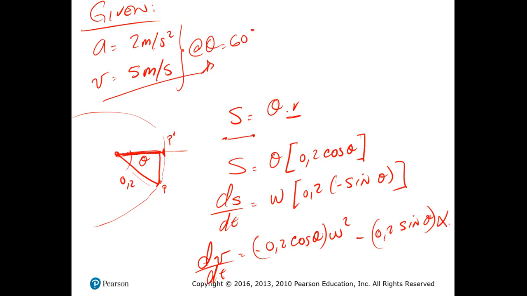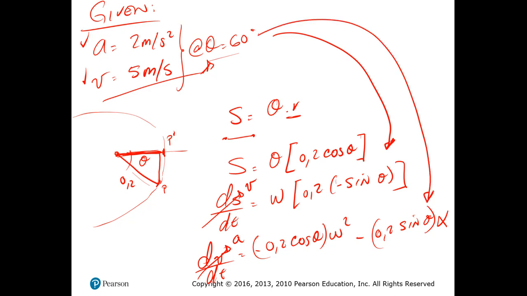So now that we have that, this guy right here is velocity, which is given here, and this guy right here is acceleration, which is given right here at theta equals 60. So when you have theta equals 60, you can just plug all these values into this equation and that equation in order to find omega and alpha.